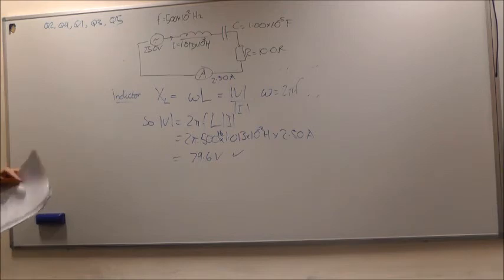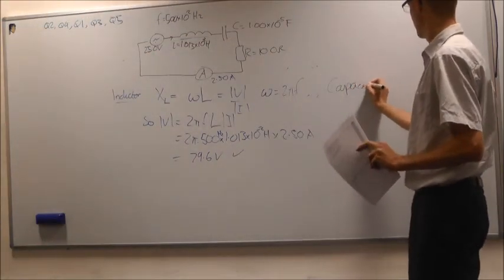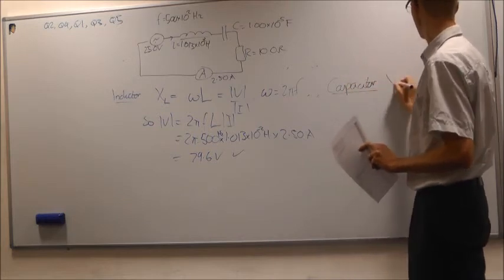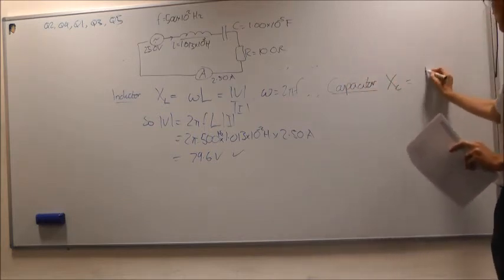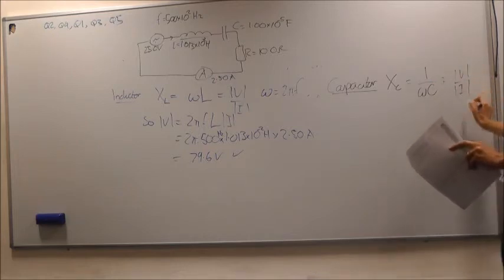Capacitor. Let's go over this way. So again, XC, in this case, is 1 over omega C for a capacitor. Again, magnitude of voltage over magnitude of current.